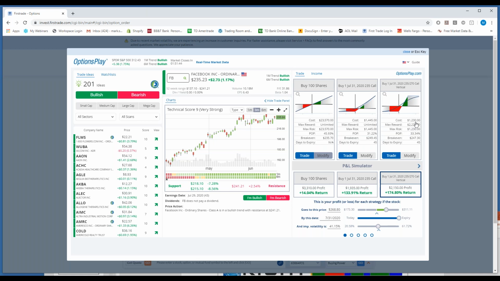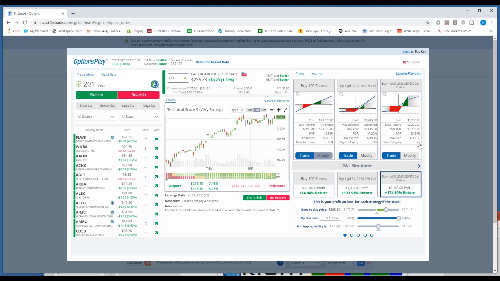The cost of the position is $1,230. The maximal reward is $2,270. So our risk to reward is almost 2 to 1. Not quite, but close. Now, the probability of this being in the money at options expiration is 33%, and actually, that's quite good. And the days to expiration are 45.